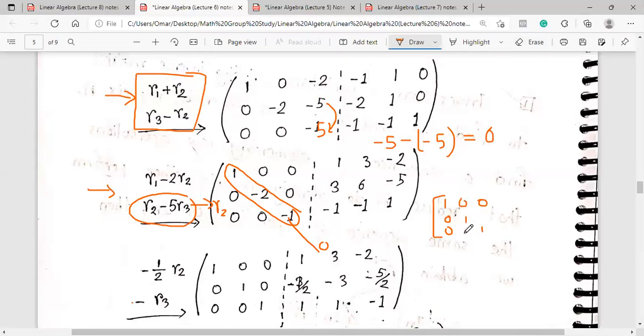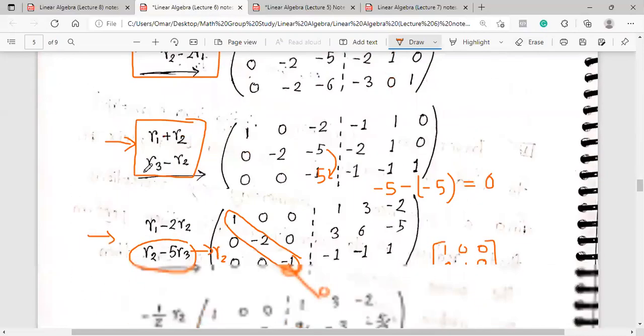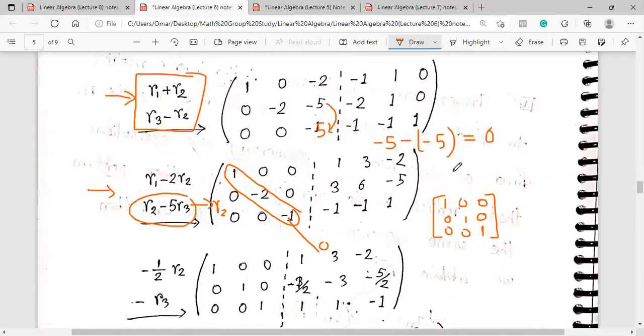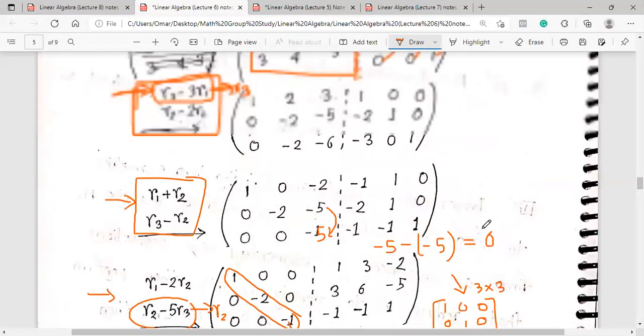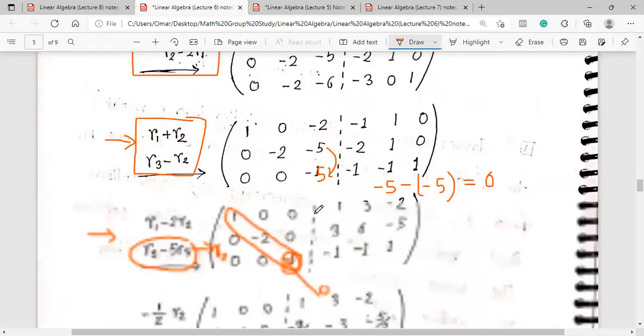So we have to make our matrix A an identity matrix this way. This is also a 3 by 3 identity matrix.